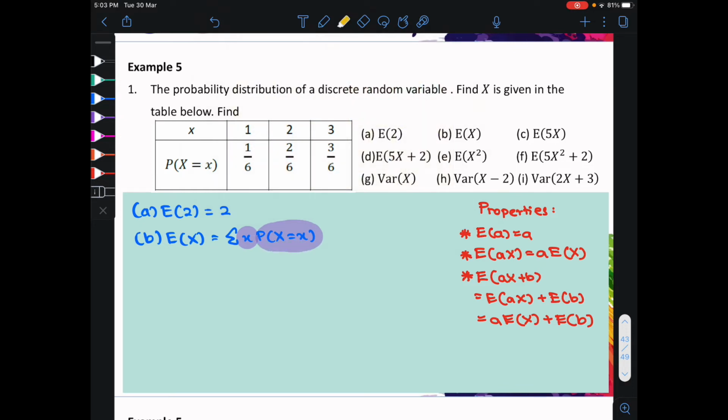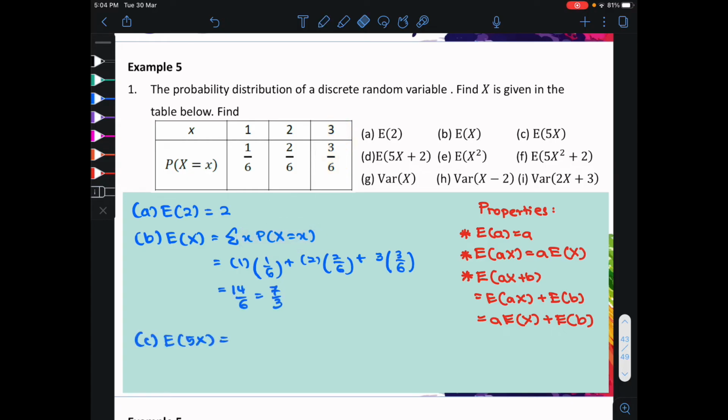So let's start with the first one. This is 1 times 1 over 6 plus the second one is 2 times 2 over 6 plus 3 times 3 over 6. And the final answer is 7 over 3.